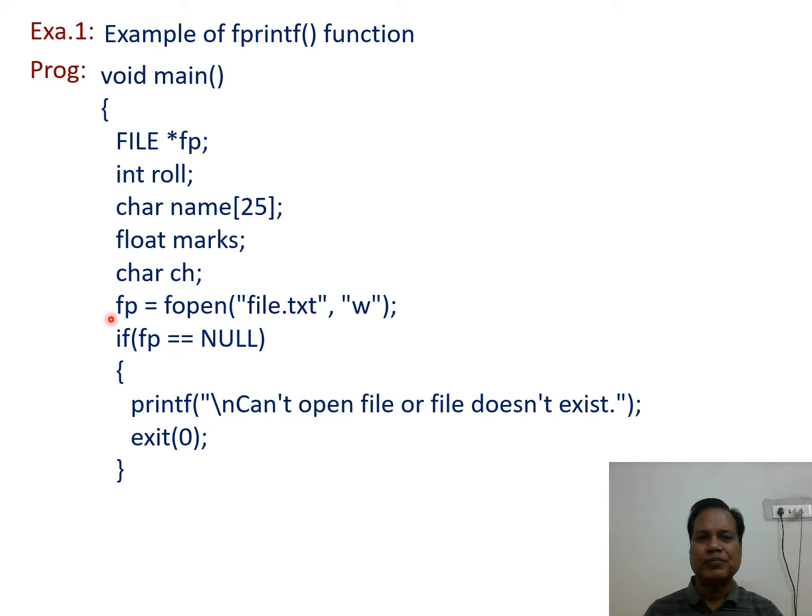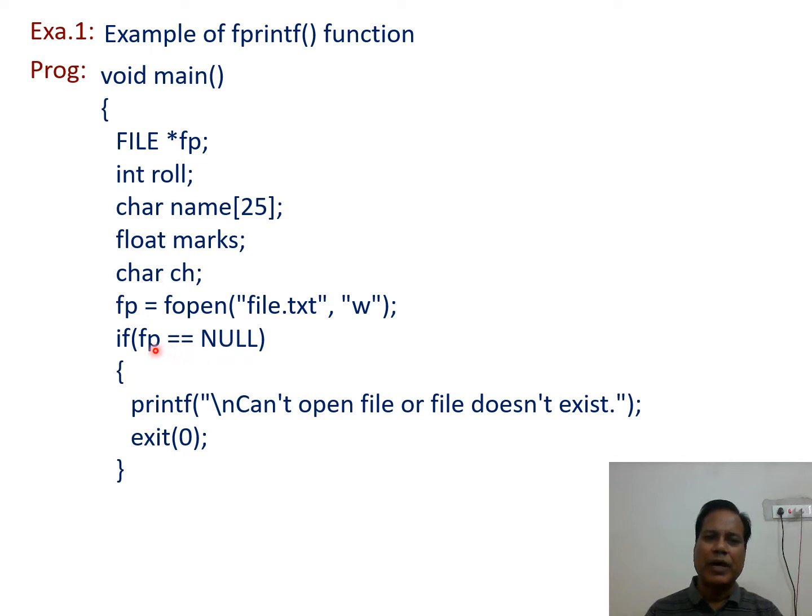fp = fopen("file.txt", "w"); So file.txt is opened in write mode. Now the next statement is a conditional statement, if fp equal to NULL.